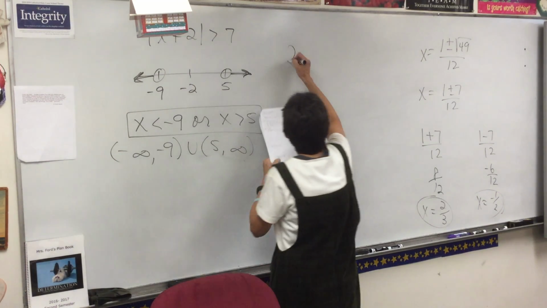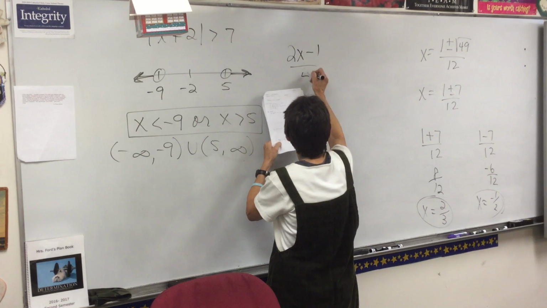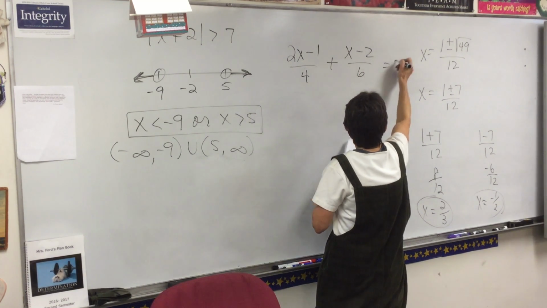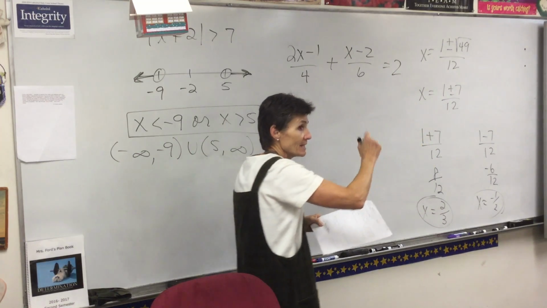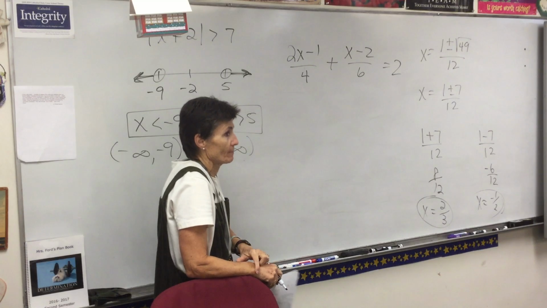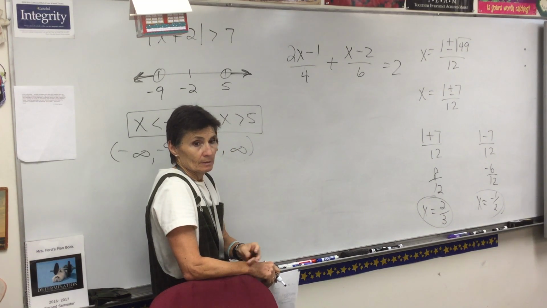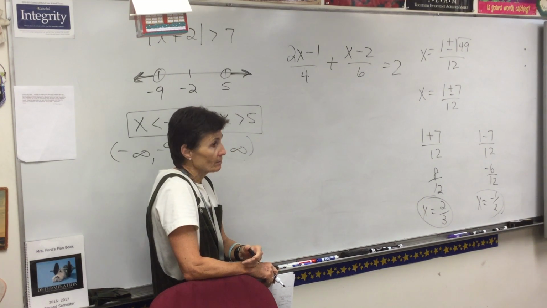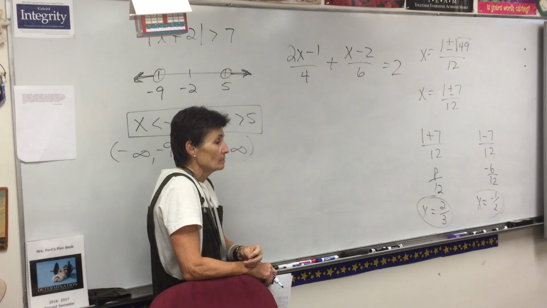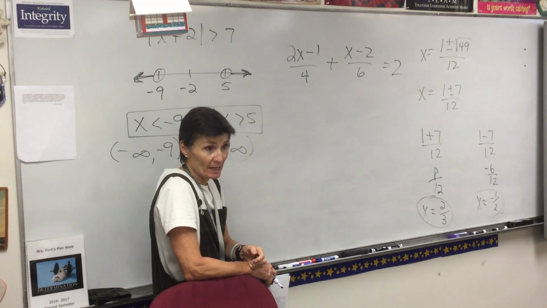All right. Now we got an equation with fractions. Remember, these are the questions on the test. So you know you're going to have an equation with fractions. So what's our game plan? I'd love to cancel out the denominators.